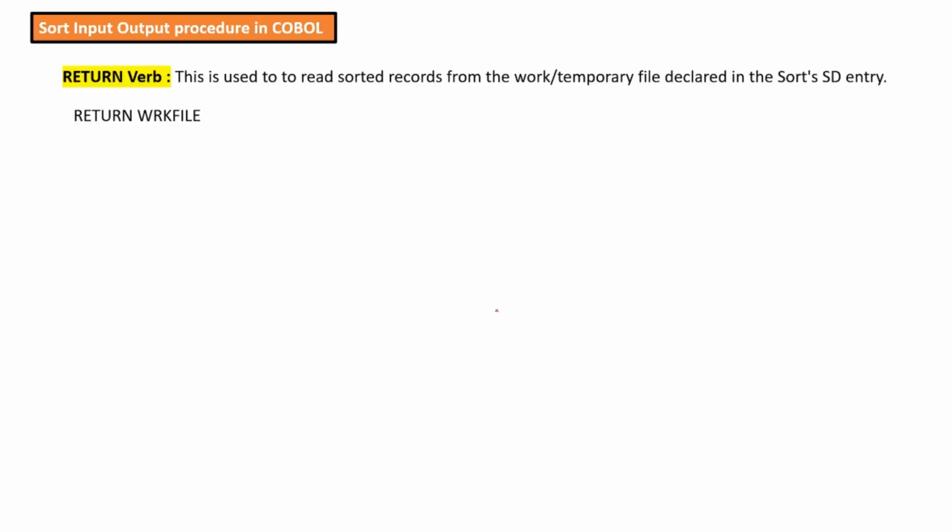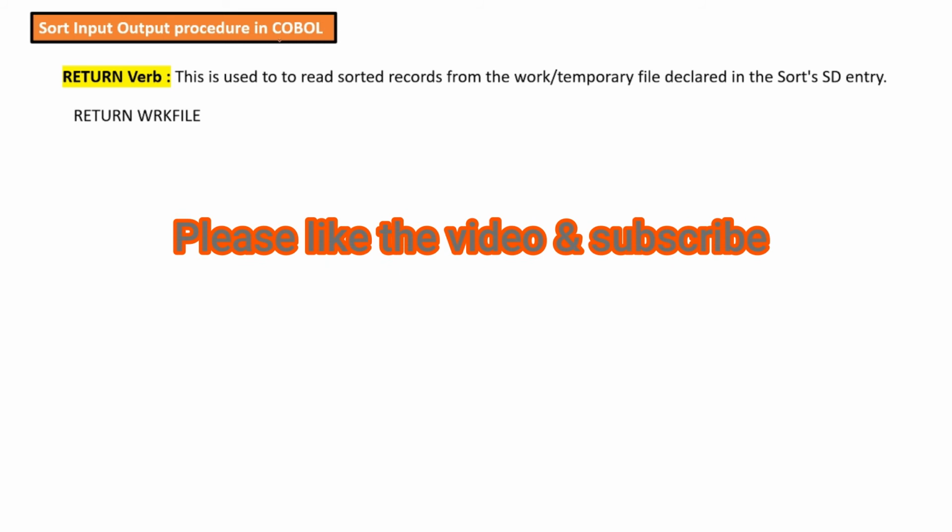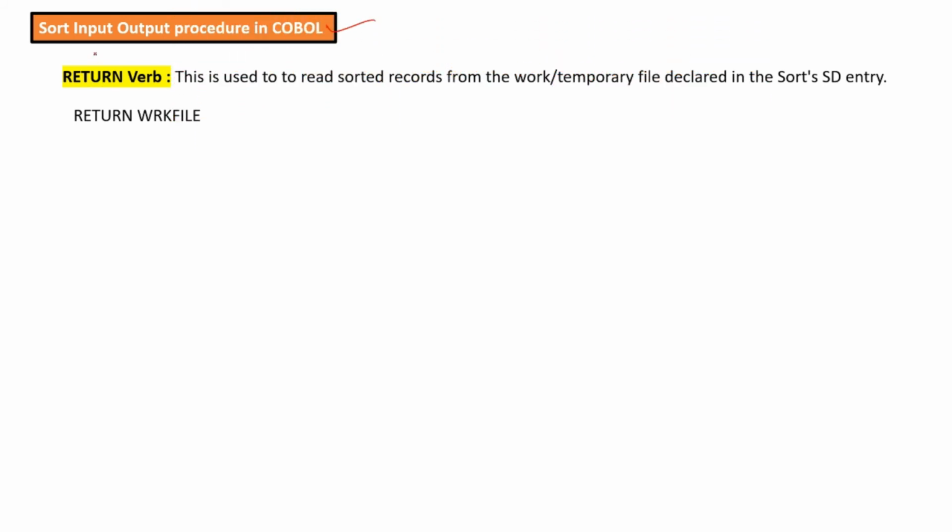Okay. And next is the sort input output procedure in the COBOL program. In the input procedure, we have used the release verb. The release verb is used for writing the data into the temporary file.